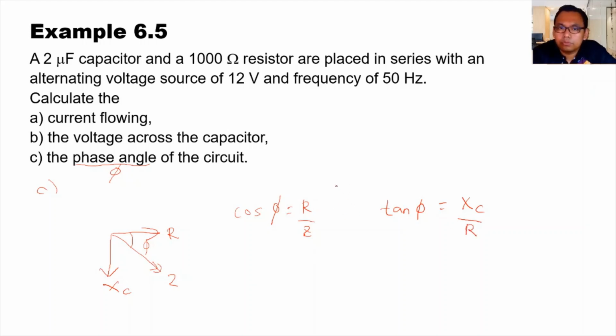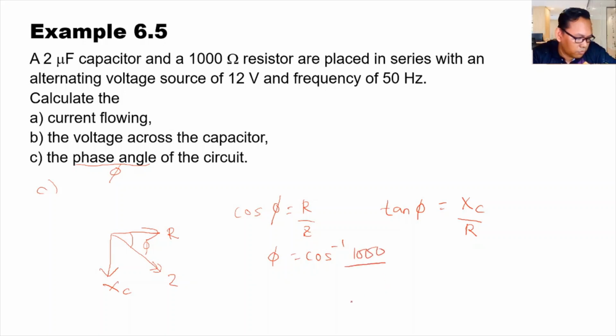So we have two ways. Both ways we can use to find the phase angle. So I will use this cos, resistance. Resistance is 1000.